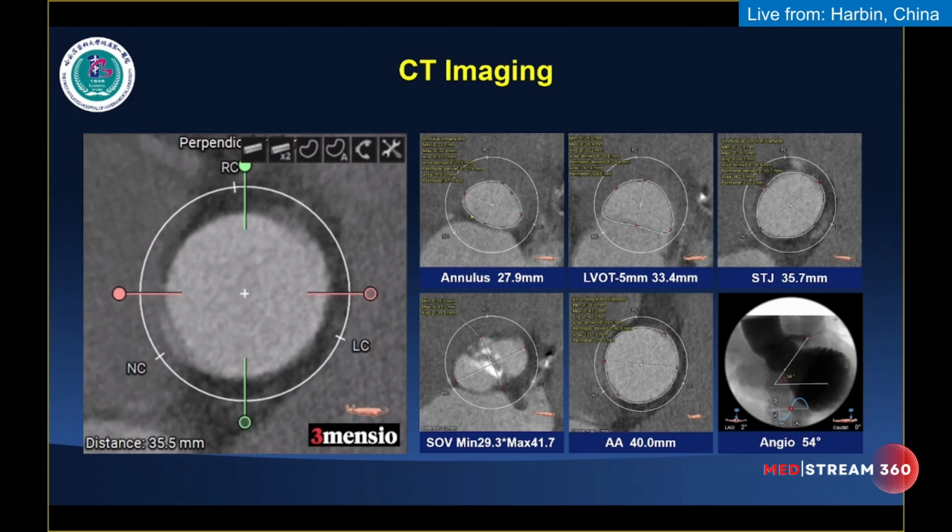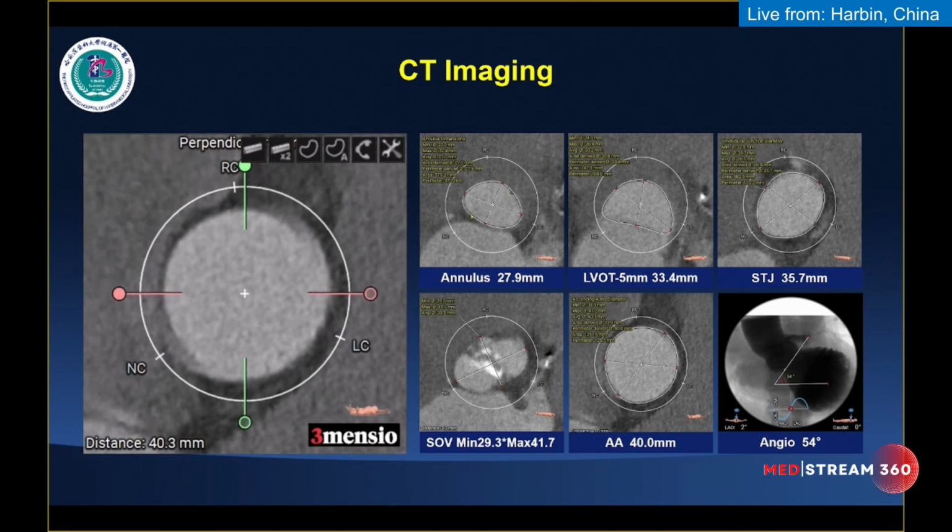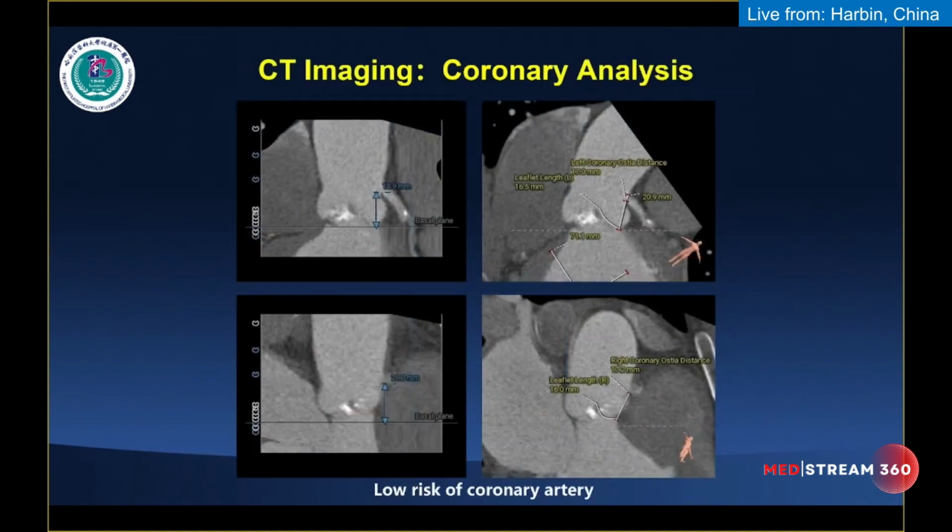It's almost a transverse heart. Then we can see the coronary condition. The coronary analysis shows that under CT, the leaflet length was less than the height of the coronary ostium, and the overall coronary risk was low, fortunately.